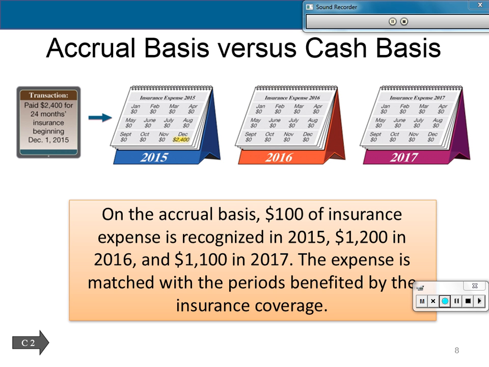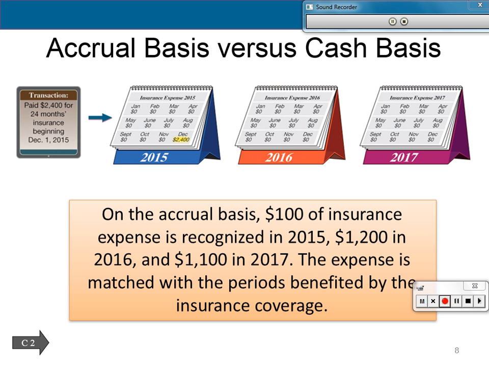So when we purchased this policy, the only month that had passed by was December, so we had to recognize that in that year. Then in 2016 it's $1,200 for the full year, $100 times 12 months.